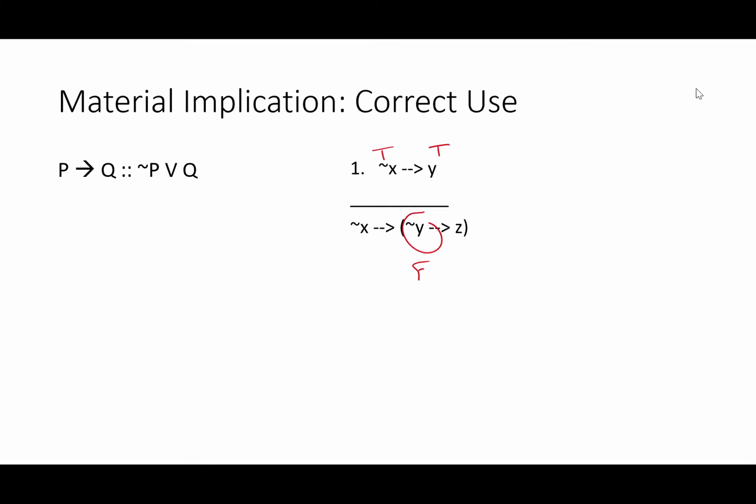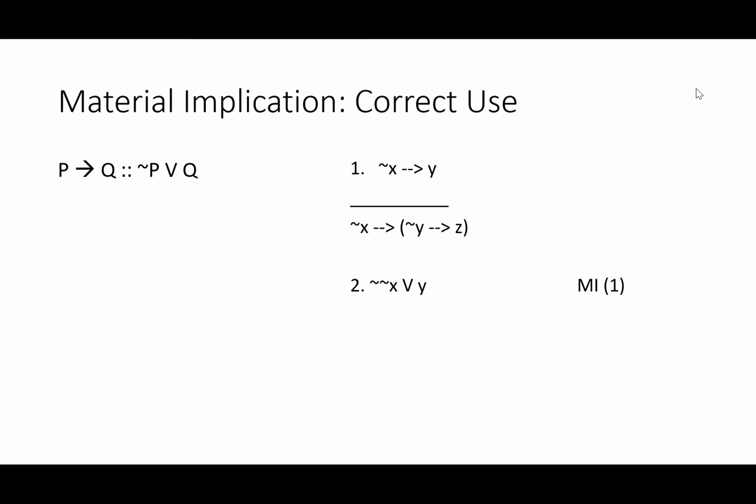Well, if not Y is false, then any conditional involving not Y is going to be true, because all conditionals with a false antecedent are true. So if not X leads to Y, then not X leads to any conditional involving not Y as the antecedent. It's more than a little odd, but it's a pretty important thing to be able to do as you do harder proofs.